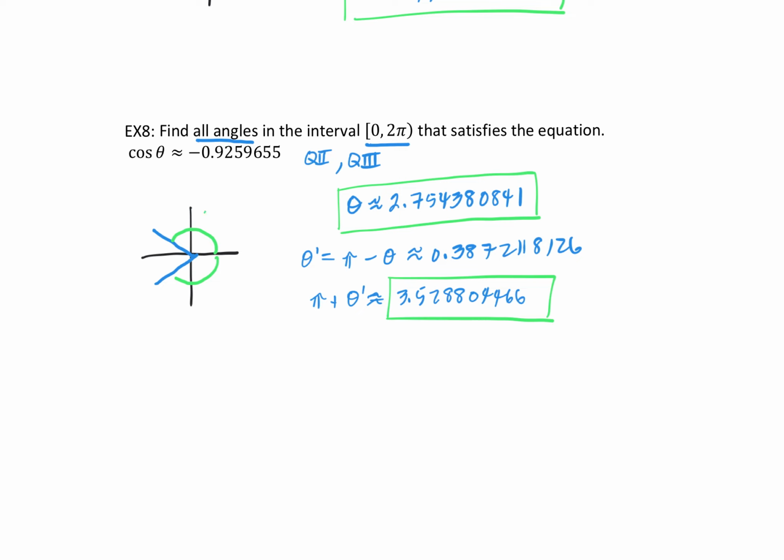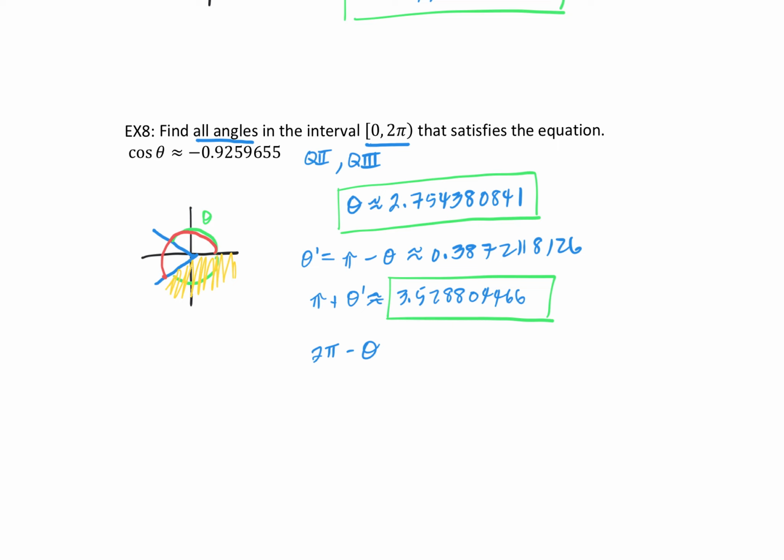So once I found this first angle theta, if I just subtract it from 360, I would be taking this distance away, and what would be left over is the angle that I wanted. So another way we could have figured out our second angle was taking 2 pi and just subtracting that initial theta, which would give us our second angle.